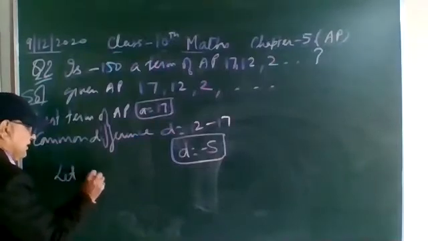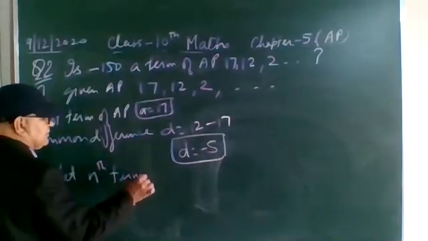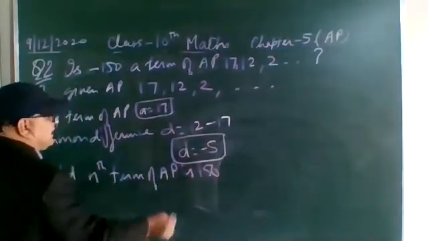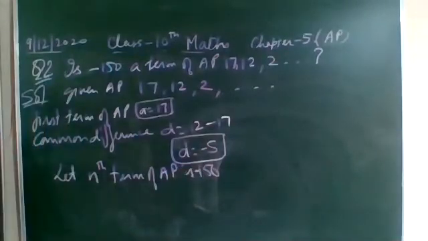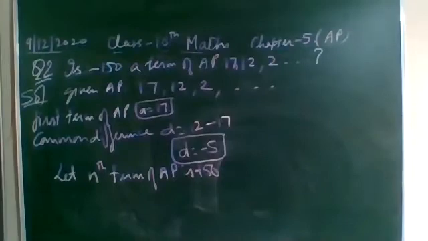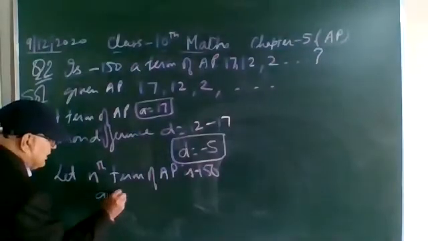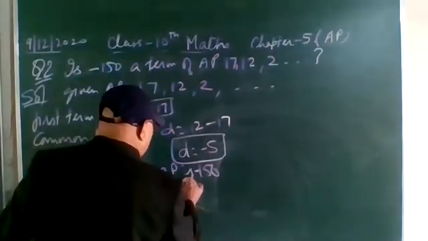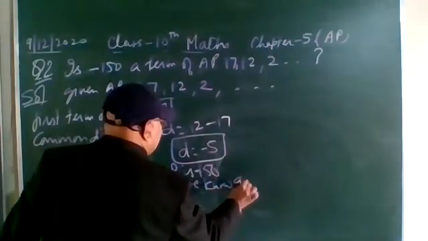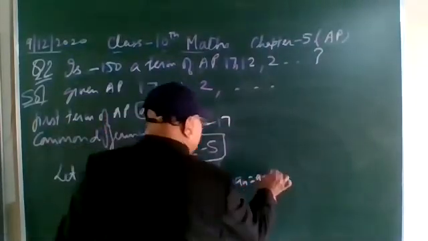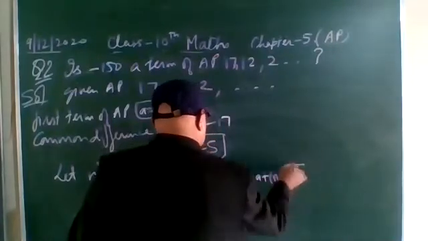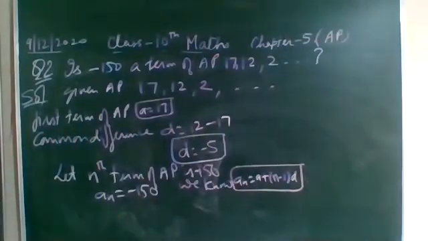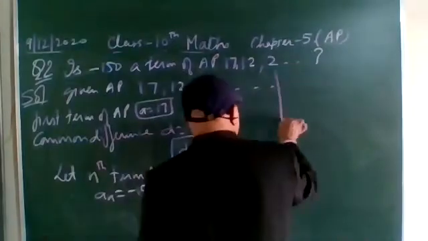So you will say let the nth term of AP be minus 150. So AN equal to minus 150. We know AN is A plus n minus 1 into D. This is the formula. Now place the values of A and D.